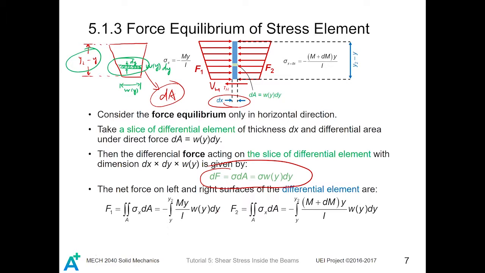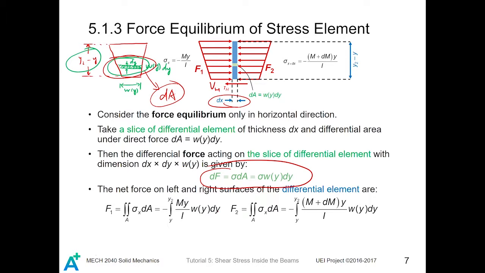The reason is that on the left hand side and the right hand side, there is a stress distribution on the surface, and the force is given by the integral, the summation of the stress and the differential area. So for this piece of differential area, the differential force acting on it will be the local stress, sigma, times the differential area, which is given by w(y) dy.